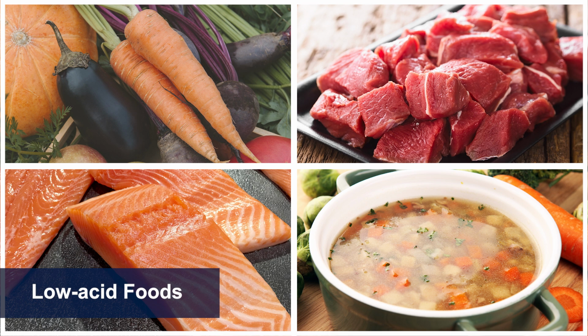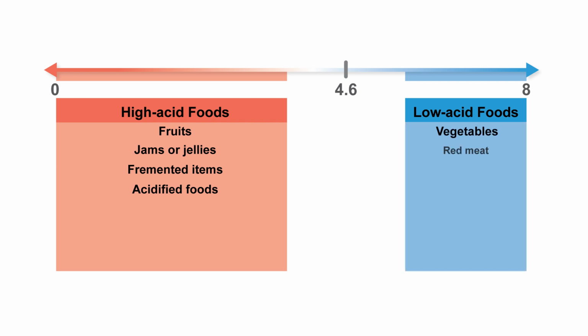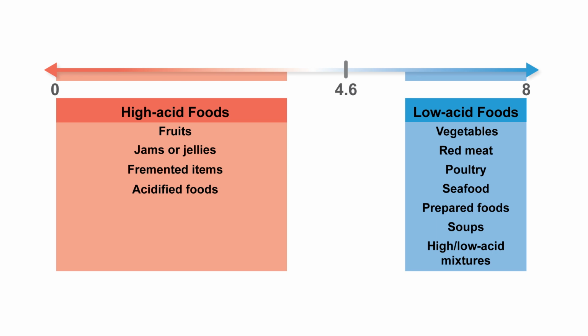These low-acid foods are more vulnerable to bacteria, which means they are not appropriate to process in a hot water bath or atmospheric steam canner and must be pressure canned. Low-acid foods have a pH greater than 4.6, as seen on this chart. These foods include vegetables, meats, poultry, seafood, prepared foods like soups, and mixtures of high and low-acid foods.